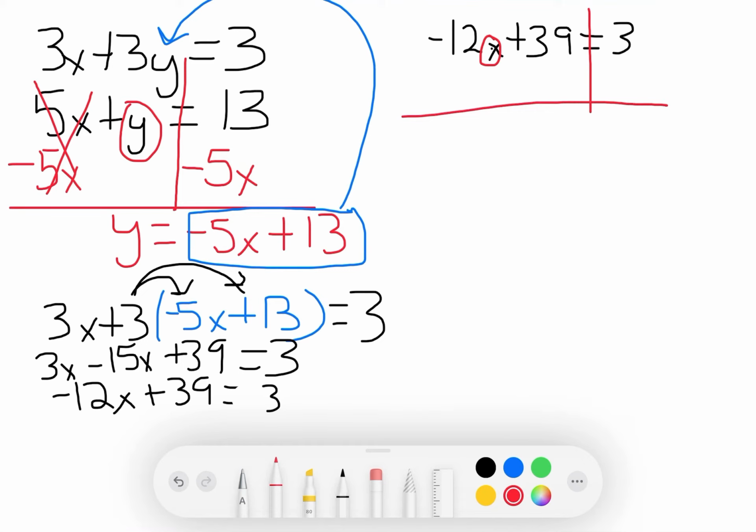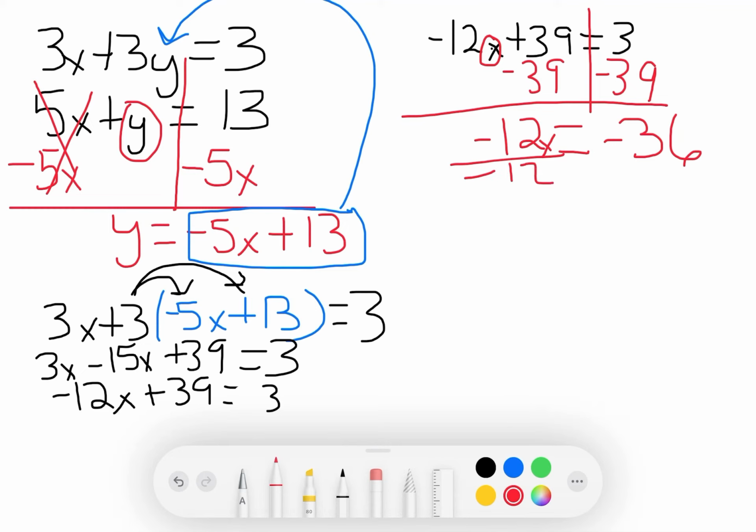So to get x by itself, I'm going to get rid of this 39 first, because remember we use order of operations backwards when we're solving for a variable. So on the right side, that's going to give me negative 36. And on the left side, that gives me negative 12x. So now I divide by negative 12 on both sides, and that gives me x equals 3.